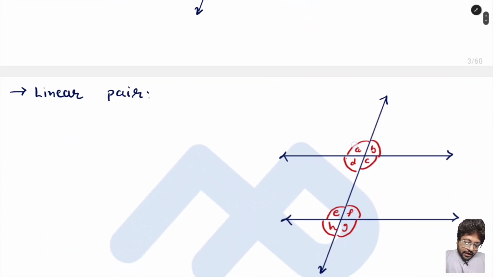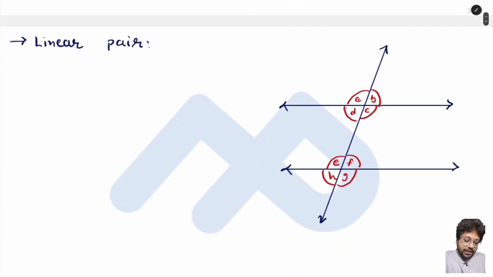Let's first see the linear pair. A linear pair is basically a pair of angles which are on the same straight line. If you see this line L, angle A and angle B are on the same line, right?